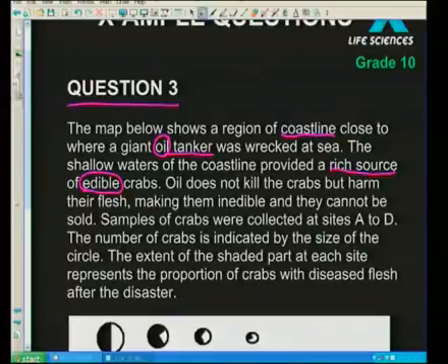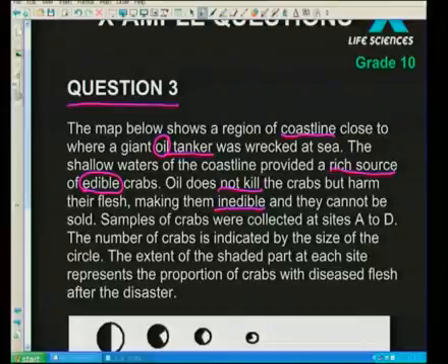Oil does not kill the crabs, so the crabs don't die from it, all right, but harm their flesh, making them inedible, which means you cannot eat them because they've been contaminated. Right, there's that word contaminated I was talking about earlier on when I said it's not fit for human consumption.